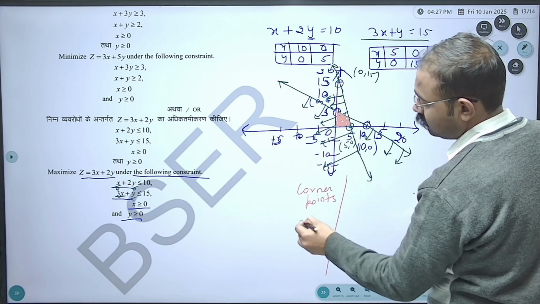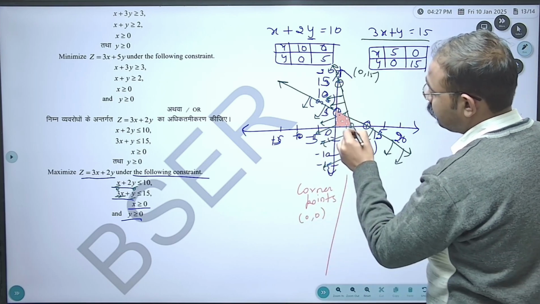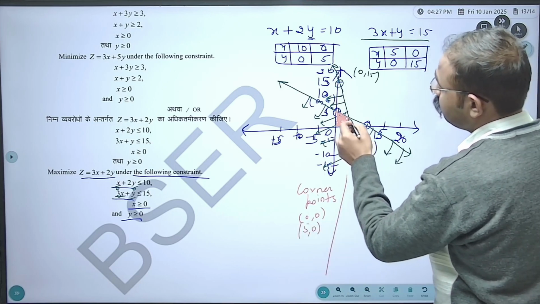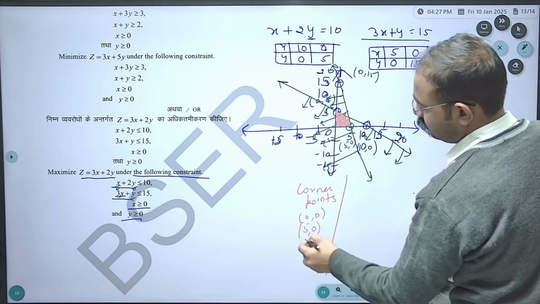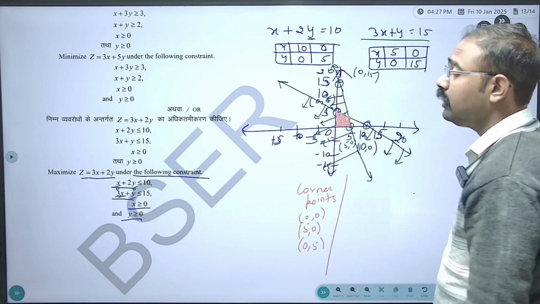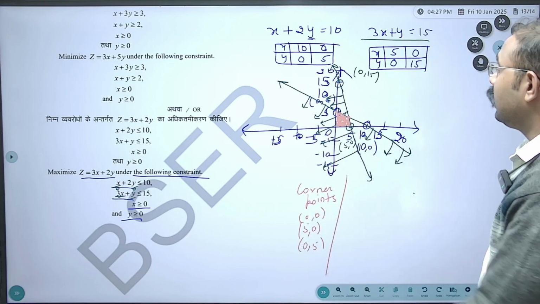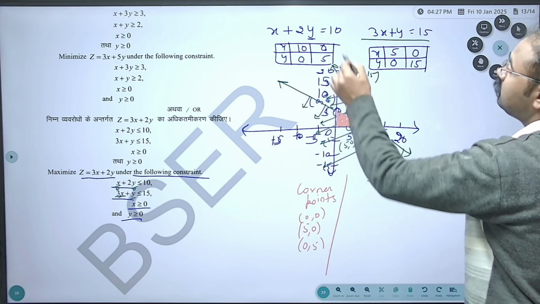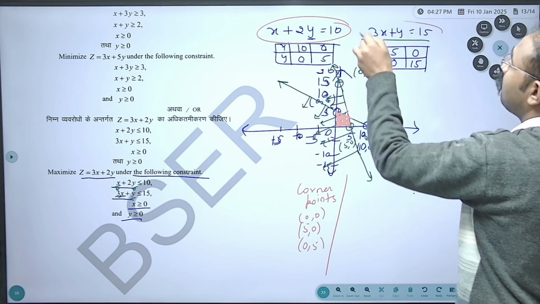First one is this 0, 0. Second one is this 5, 0. Third point is this 0, 5. And this fourth point, we don't have this point, so we will find out this point. And this point is at the intersection of these both lines.